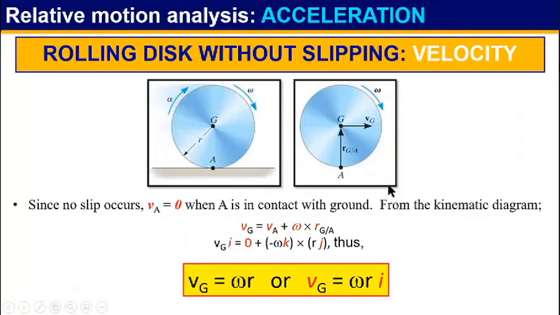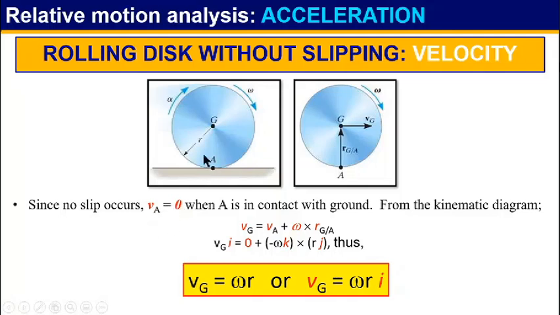Let's see another example. Rolling disc without slipping. We have this disc, and the center point is G, and point A is in contact with the ground. Since no slip occurs, guys, whenever you see a question that says no slip occurs or no slipping, that particular point's velocity is equal to 0.